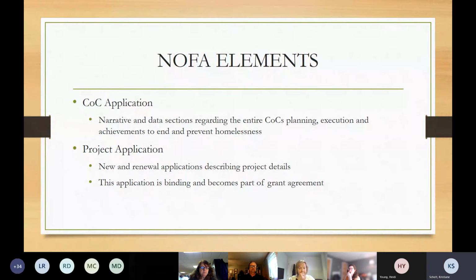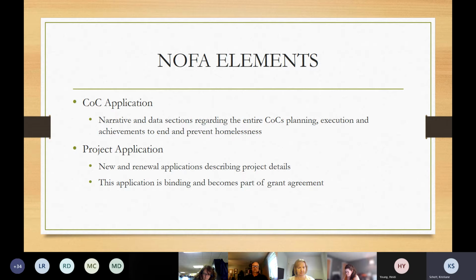All right, so next we are going to talk about NOFA elements. As I talked about, there are 3 pieces to the overall submission of the Continuum of Care's application to HUD. There's the actual Continuum of Care application, which is a narrative and data sections regarding the entire Balance of State's planning, execution, and achievements to end and prevent homelessness.